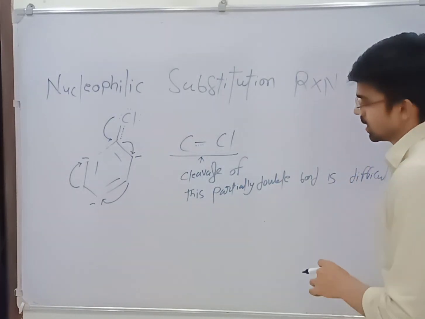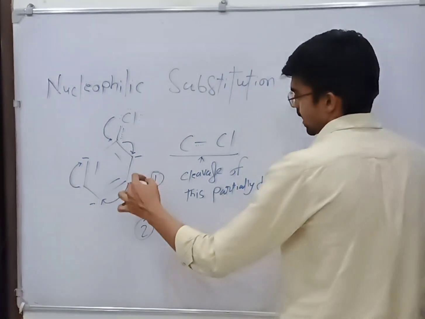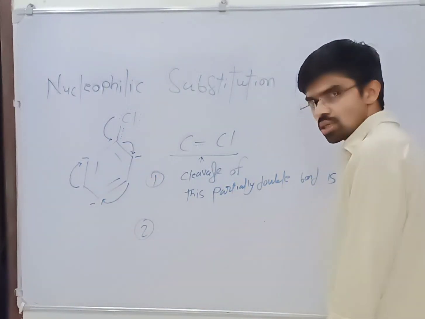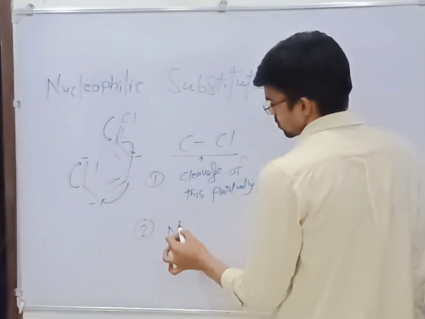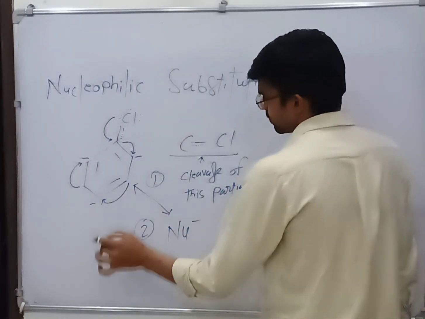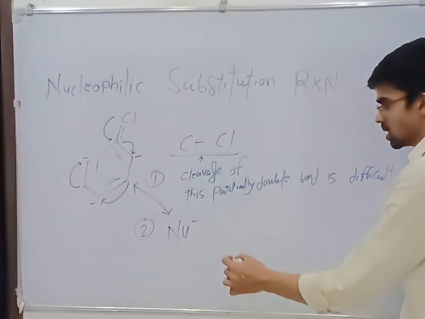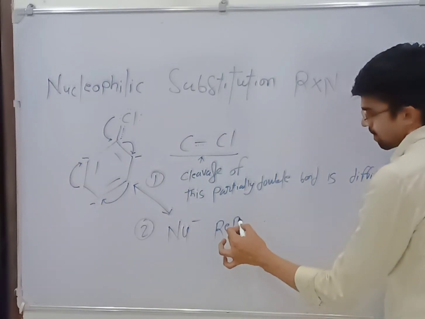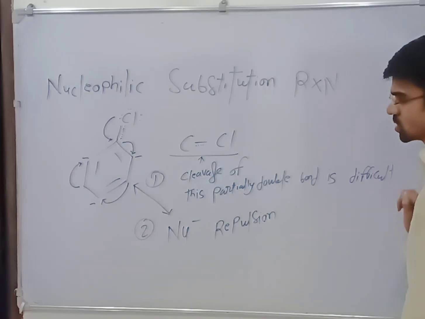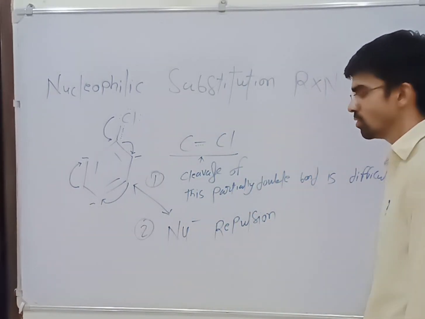Okay. The next thing is, when the nucleophile wants to attack the haloarene, because it is an electron rich compound and the nucleophile is also electron rich, there will be repulsion between the nucleophile and the haloarene. So due to this repulsion, it is also not possible for the nucleophile to attack the haloarene.